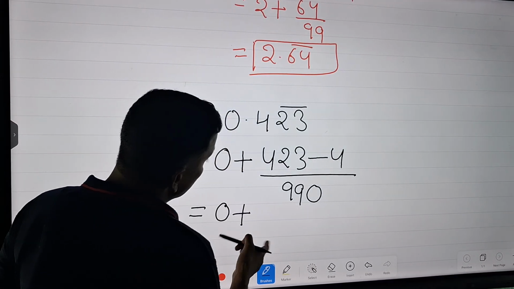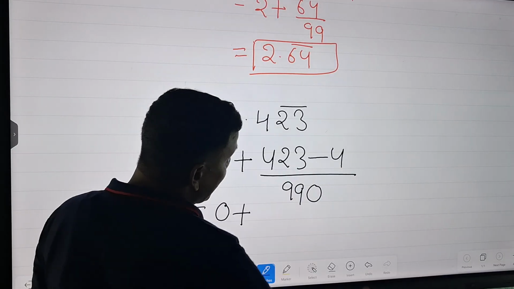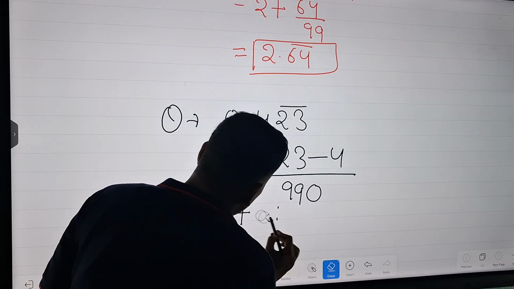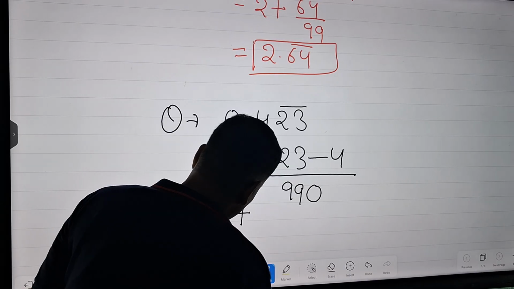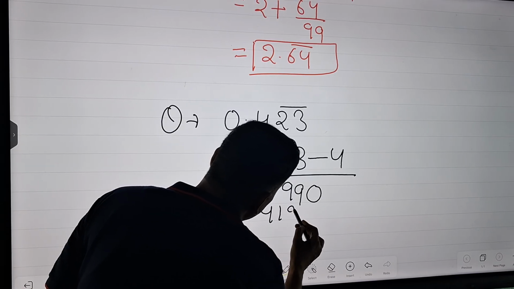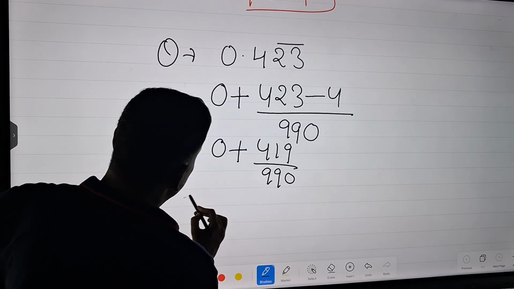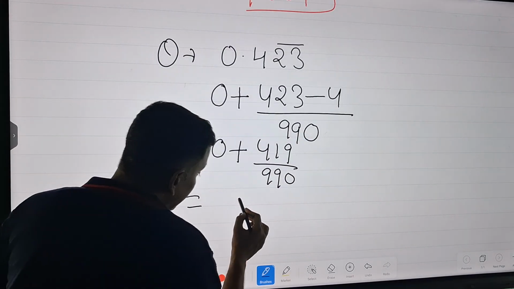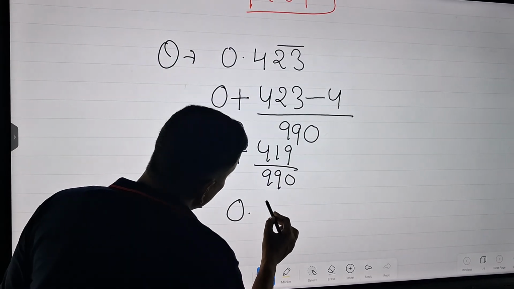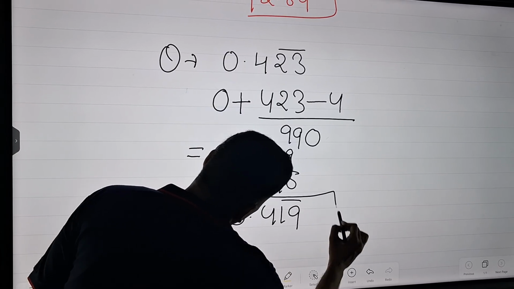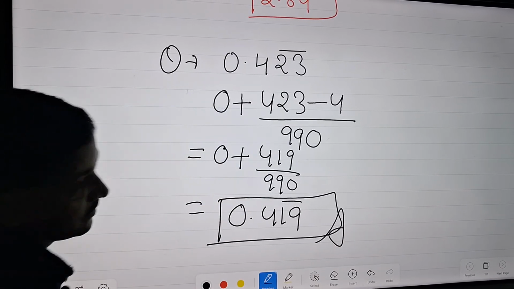You can write it as 0 plus 423 minus 4 equals 419 by 990, and you can write it in the form of a recurring decimal, 0.419 recurring, and this is the final answer for this question.